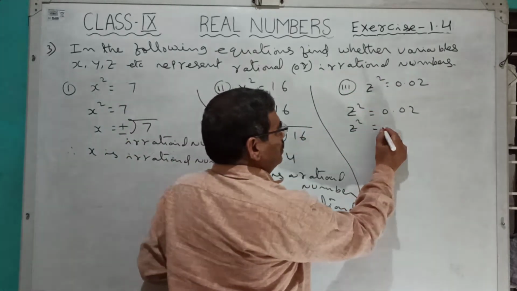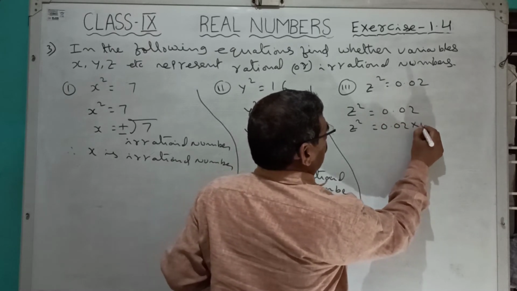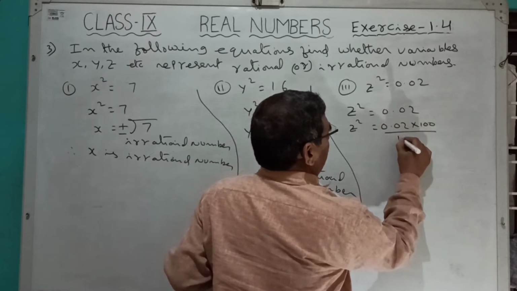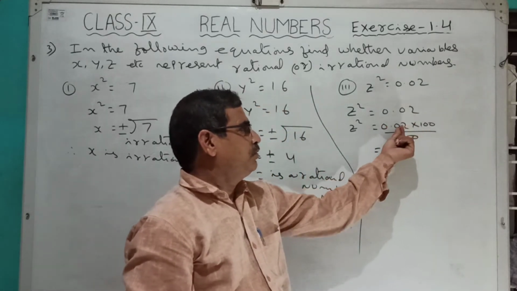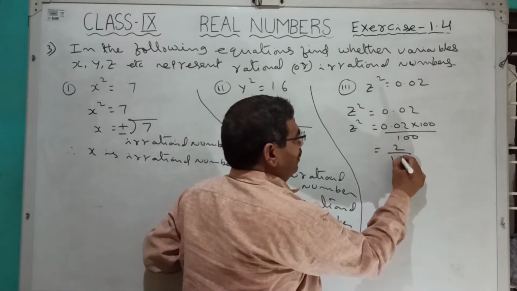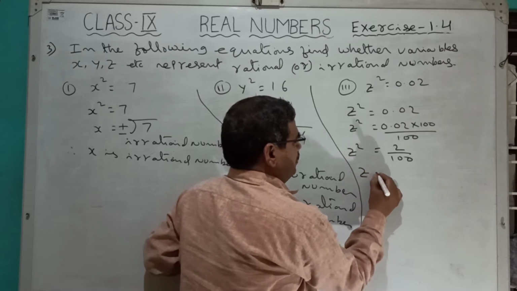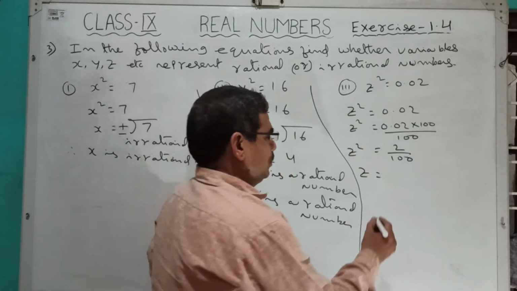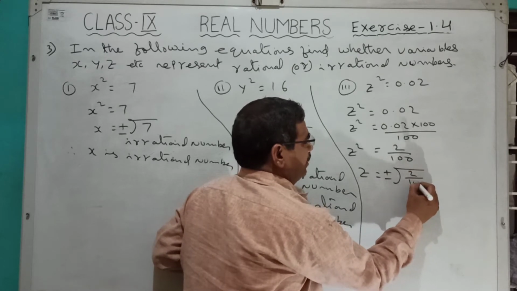So 0.02 into 100 by 100. The multiplication of these two gives 2, so 2 by 100. Z square is 2 by 100, so z is equal to plus or minus square root of 2 by 100.